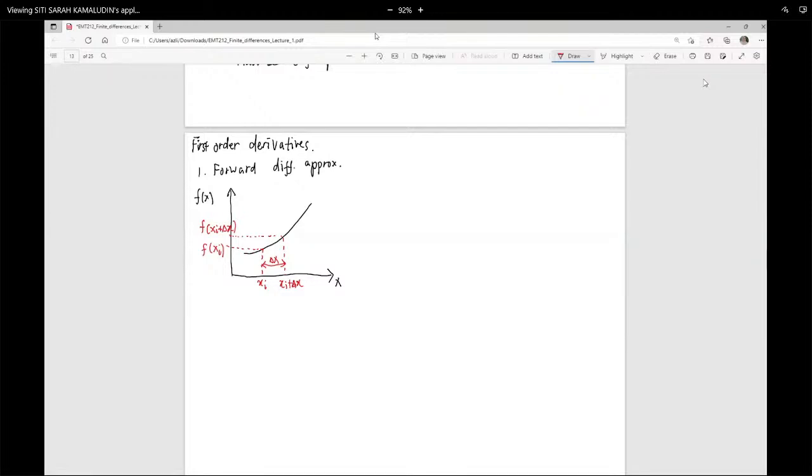Our derivative here, df over dx equal to f of xi plus delta x minus f of xi, divided by delta x.